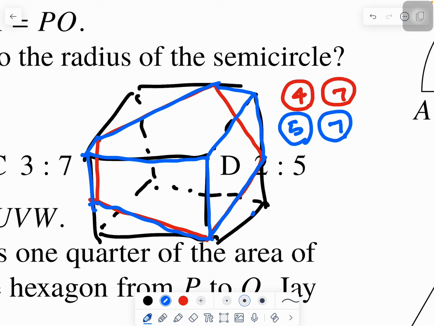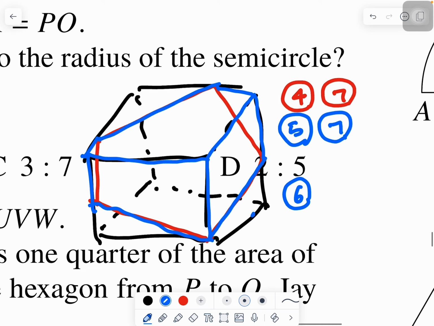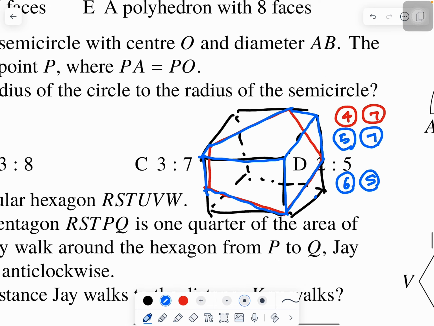So in this case, this blue part is 6 faces. The opposite part is 1, 2, 3, 4, 5. Is it 5? Yeah, I think that's the 5.